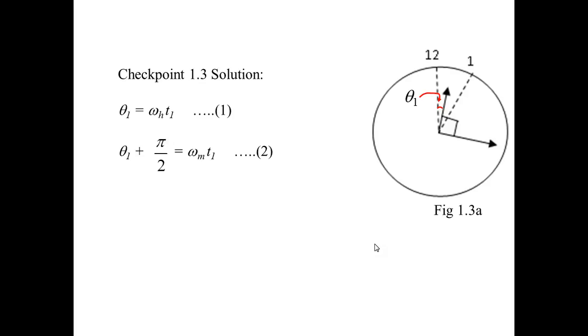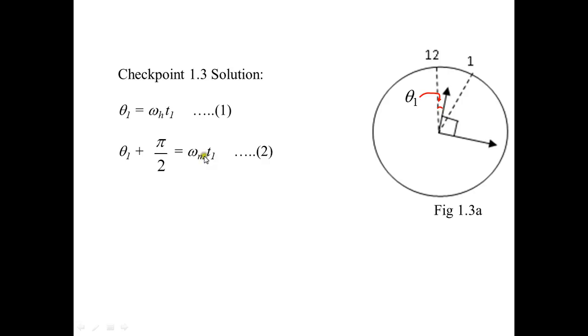Then the angular displacement of the minute hand will be theta 1 plus 90, expressed in radians as theta 1 plus pi over 2. And this will be equal to the angular velocity of the minute hand times the time t1. Time t1 is what we want to find.